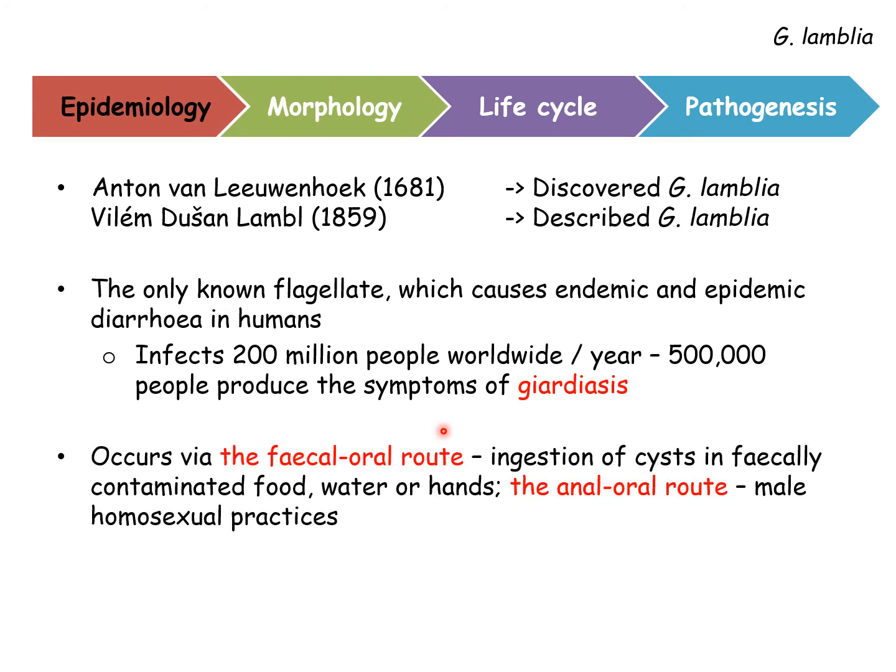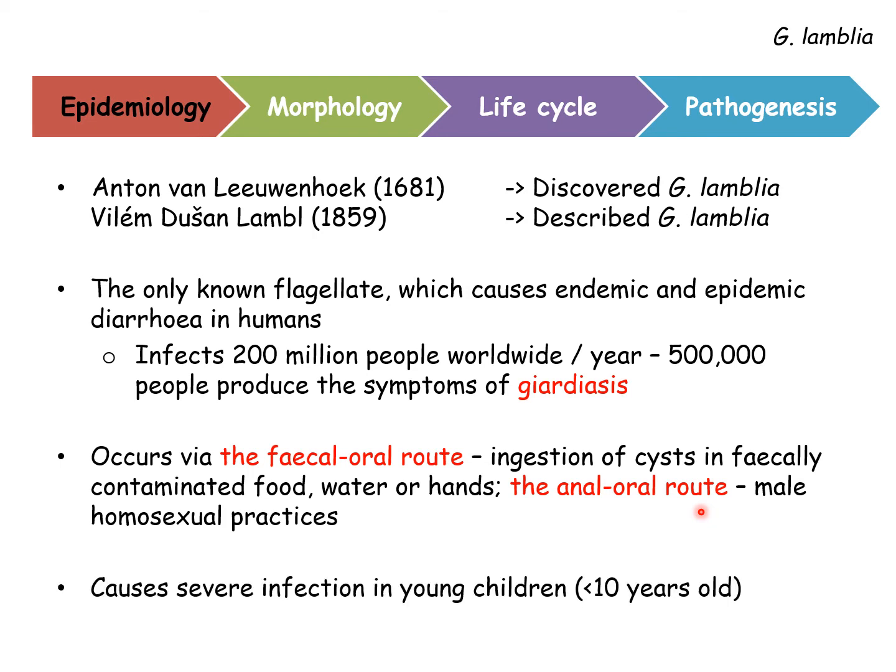The transmission route includes the fecal-oral route. However, the anal-oral route was also reported among male homosexual practitioners. The disease is particularly important among young children with malnutrition.